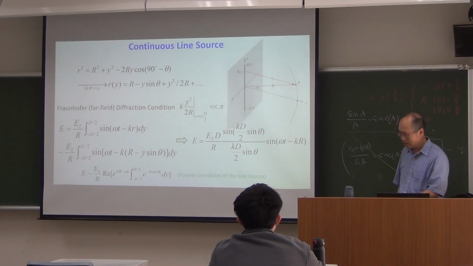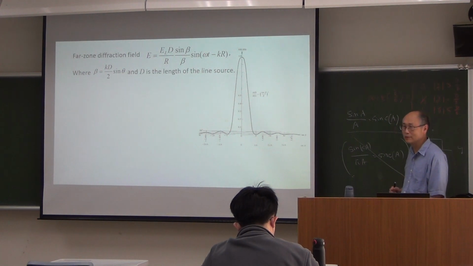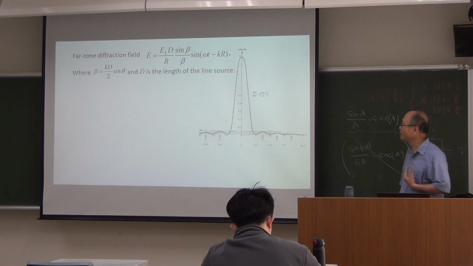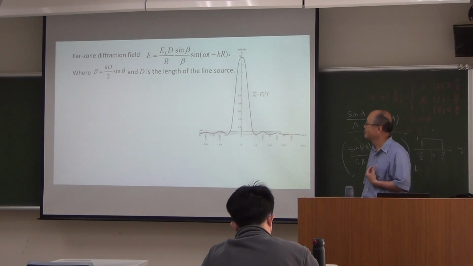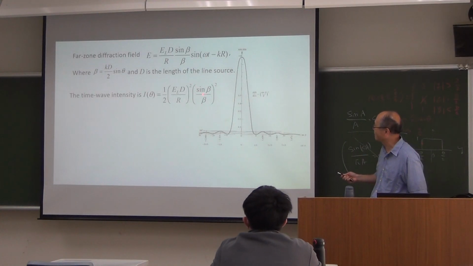Okay, all right. So you see a sinc function in the far field when I project a slit to the wall. And the intensity is like this. So you have a sinc function. This is sinc beta, and beta is given by this expression.